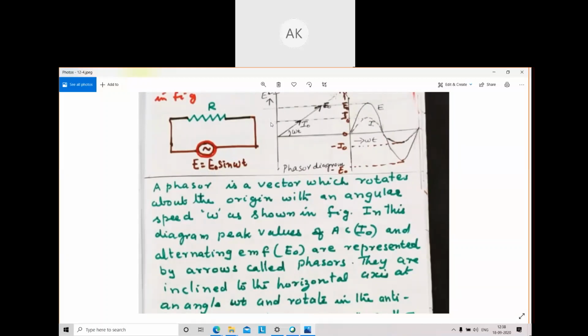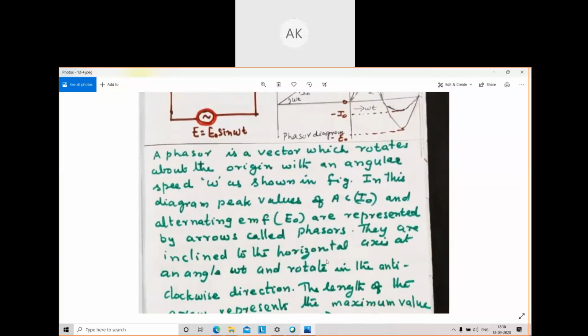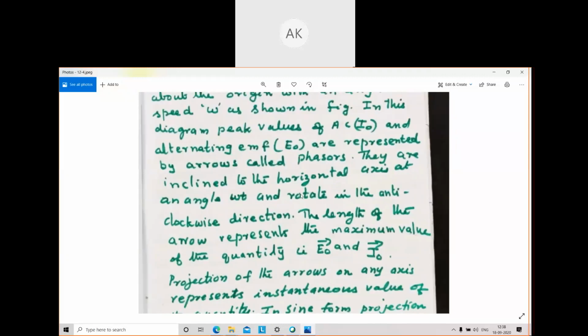That will give the peak value of current, and here is the peak value of EMF; these are the maximum values. The length of the arrow represents the maximum value of the quantity, that is vector E0 and vector I0. I0 has less length compared to E0. Why? Because I0 is E0 by R.